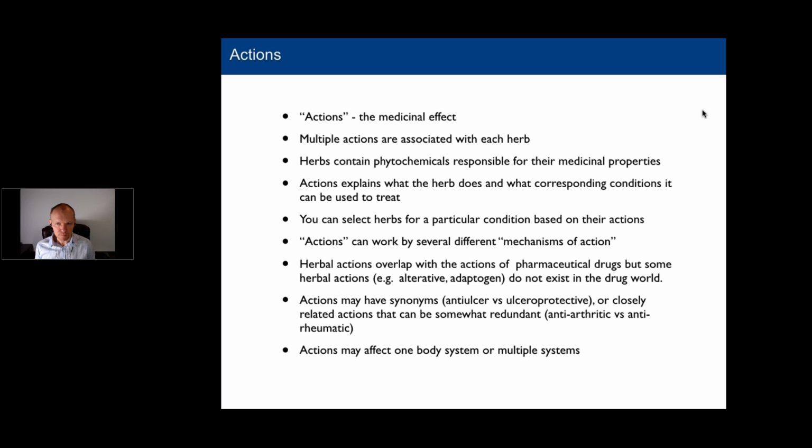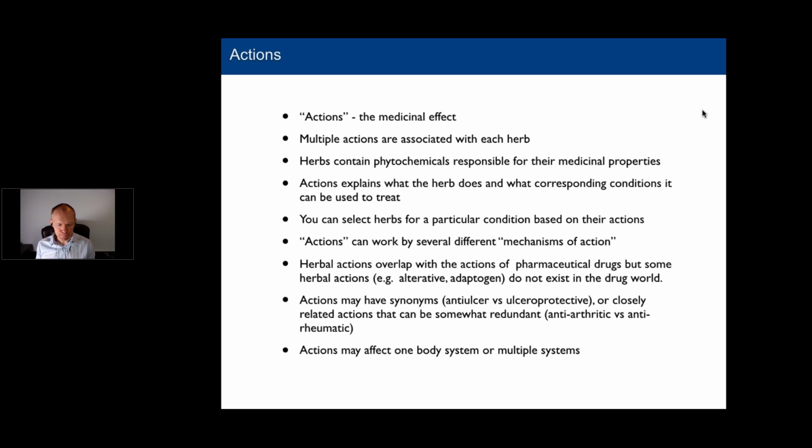Now, when it comes to herbal actions, I mentioned this last week, that herbal actions are often associated with the same types of actions that you'll see in pharmaceutical drugs. So in the case of, let's say, aspirin, it happens to be an anti-inflammatory.